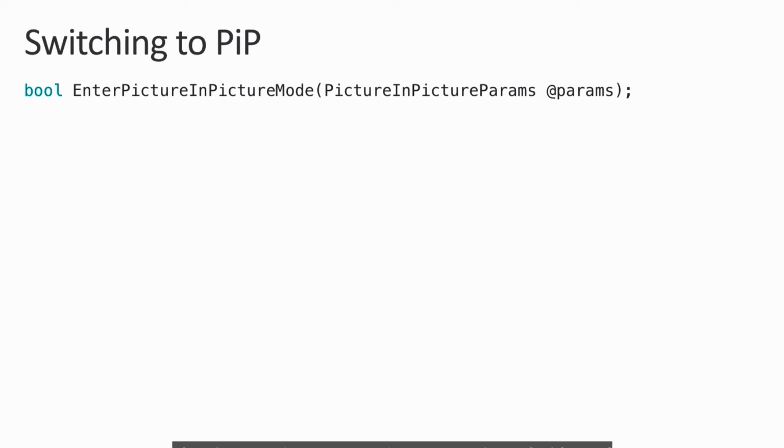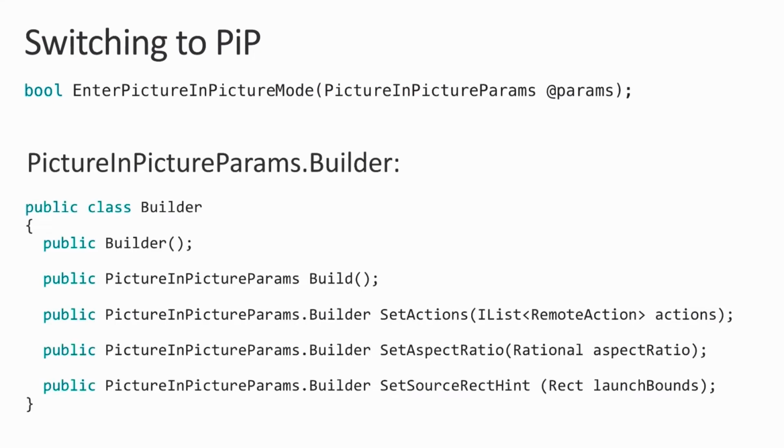The PictureInPictureParams is a new API in Android 8, and it basically provides some information to Android on how it should initialize the picture-in-picture window. You don't actually instantiate a PictureInPictureParams directly. Instead, you will use a builder class with the fluent interface it provides. And this is a quick peek at the interface and some of the methods it provides. SetAspectRatio, SetSourceRectHint.